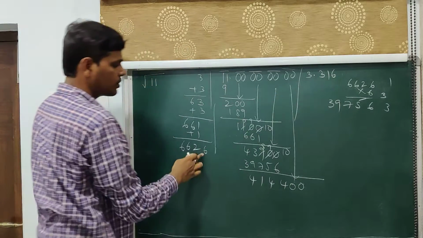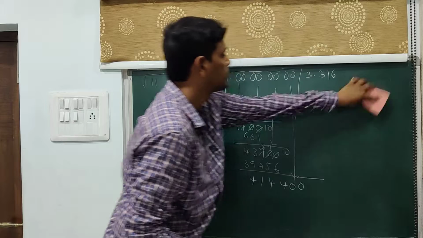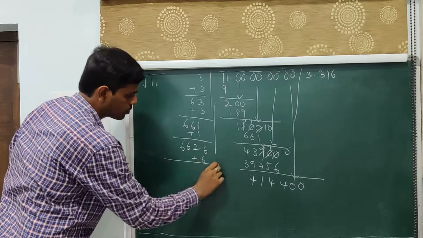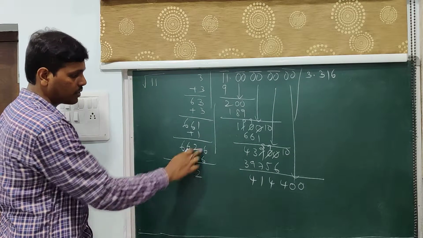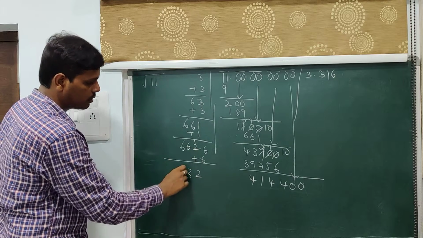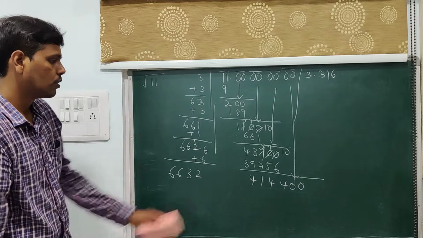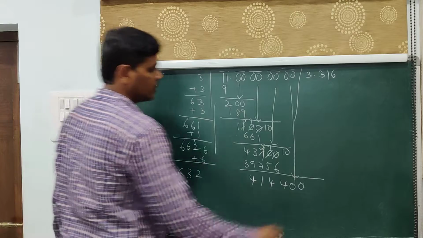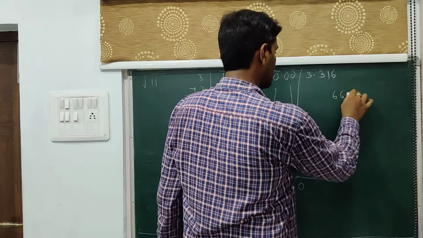This is the latest number which I have written. Add upon that number, plus 6. 6 6 6 plus 6 is 12, so 1 3 6 6. Again, whatever number you place here, multiply with the same number. That is 6 6 3 2.